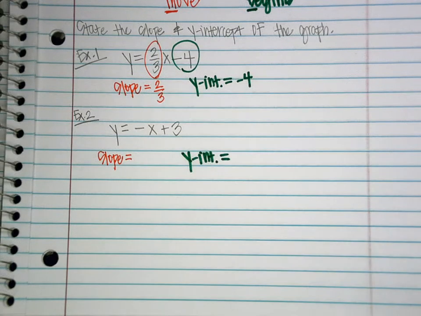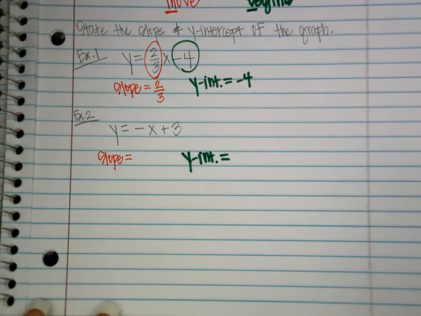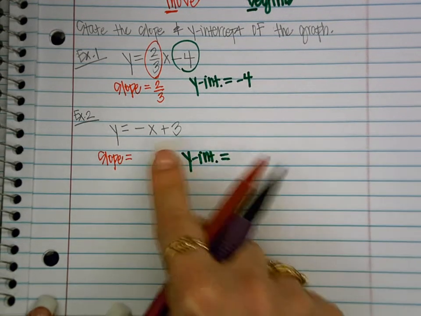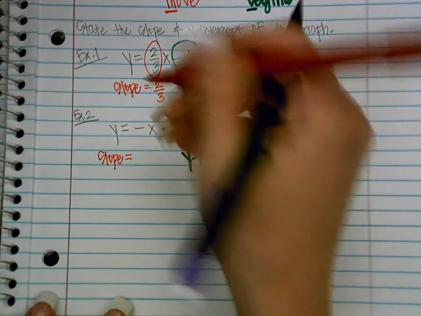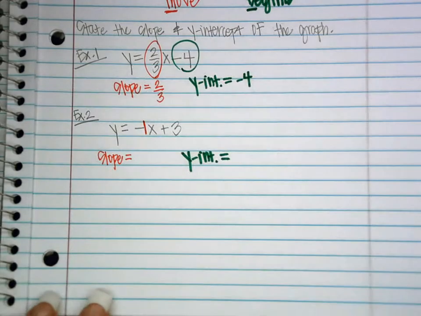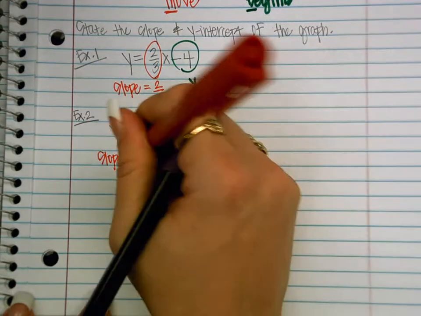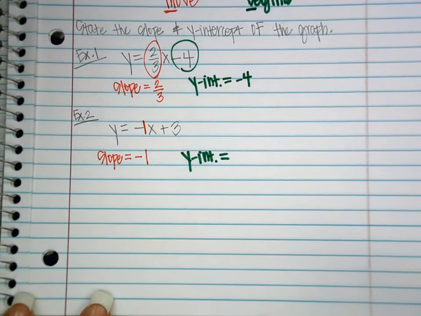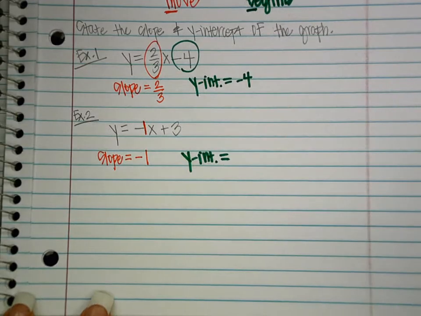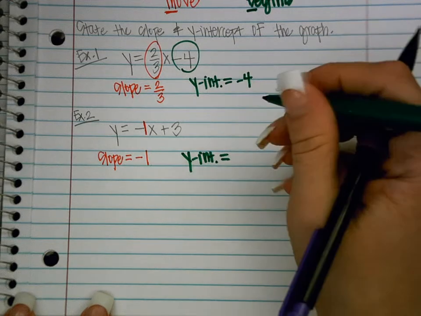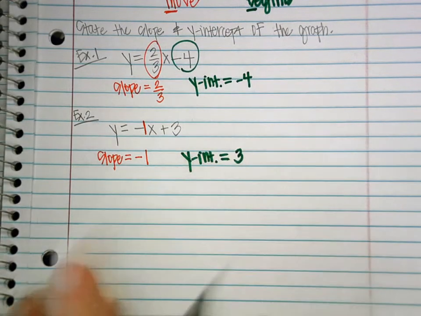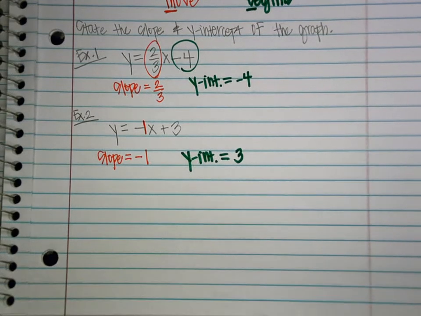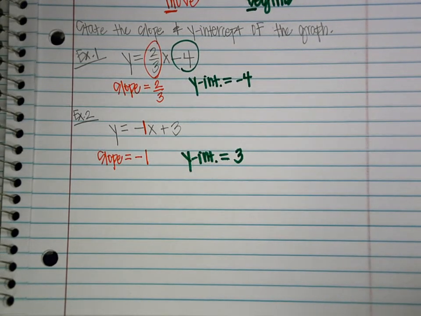Negative 1, exactly. It's the number attached to the x. Since there's not a number there, it's a negative and an invisible 1. What is the y-intercept? Positive 3. For the first part, that's all you have to do.